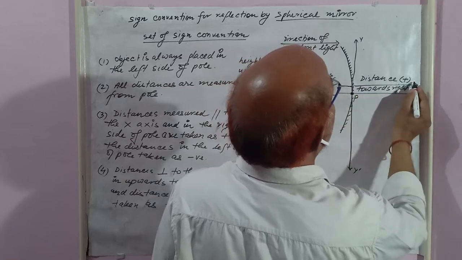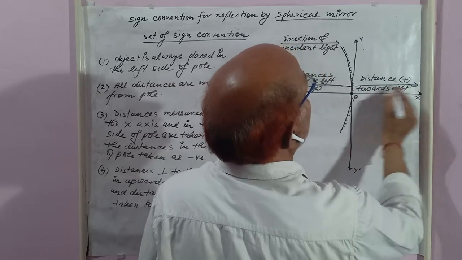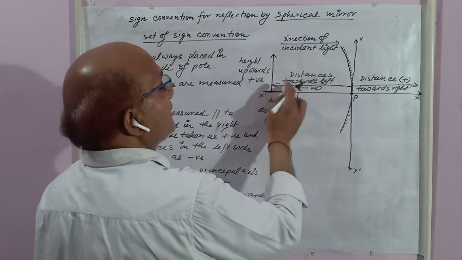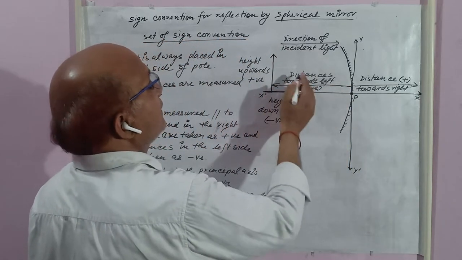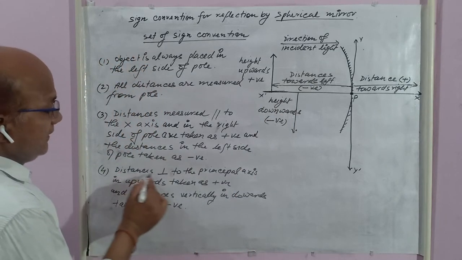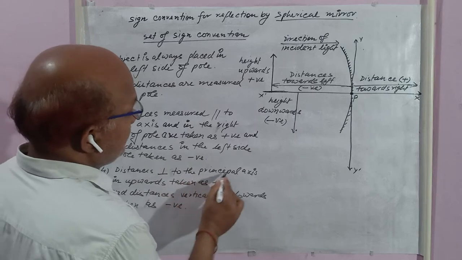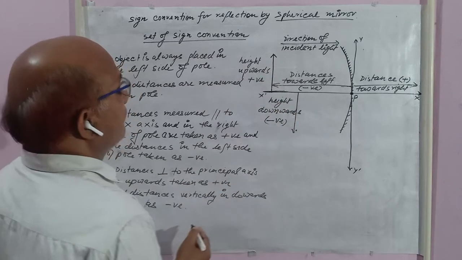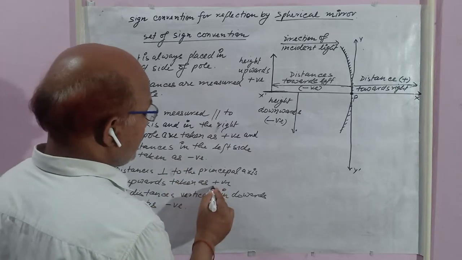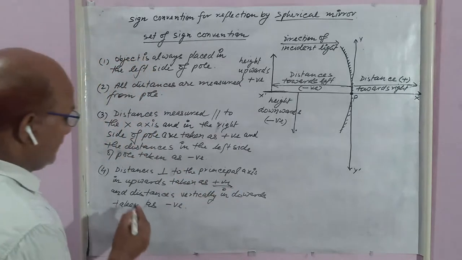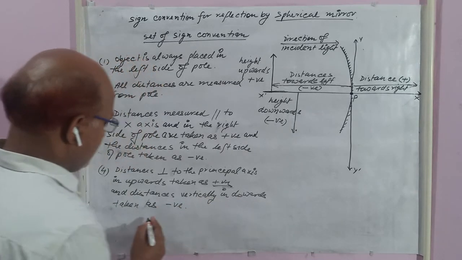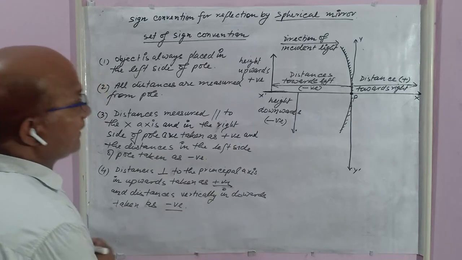The distances perpendicular to the principal axis, vertically upwards, are taken as positive, and the distances vertically downwards are taken as negative.